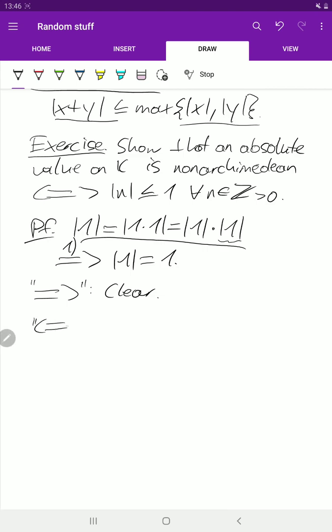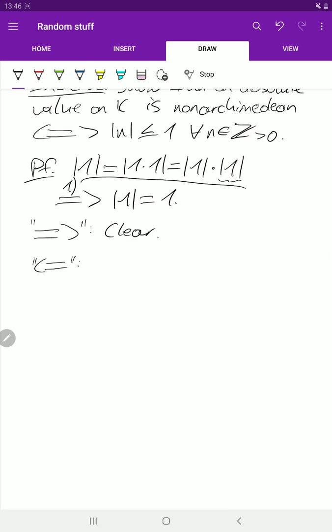Now we come to the more interesting direction, namely we consider the absolute value of x plus y to the n. At first let me write it like that, by multiplicativity.